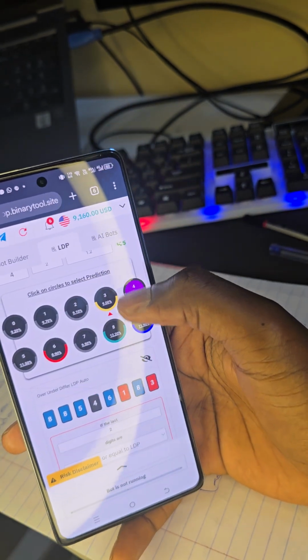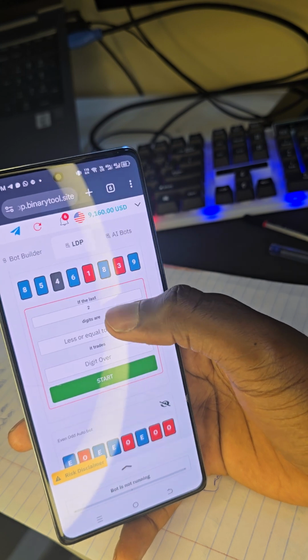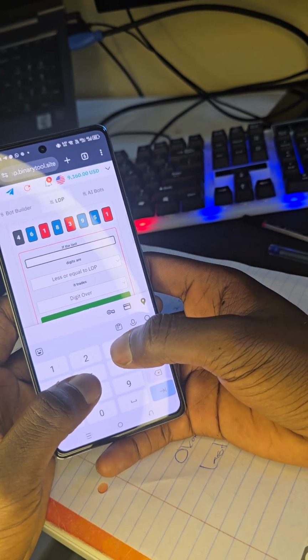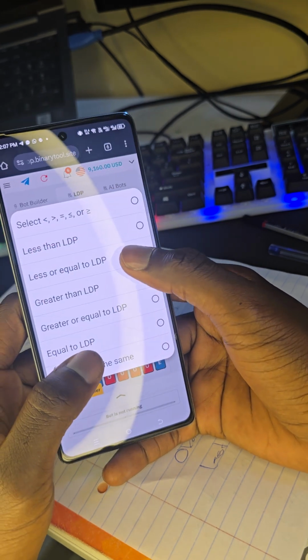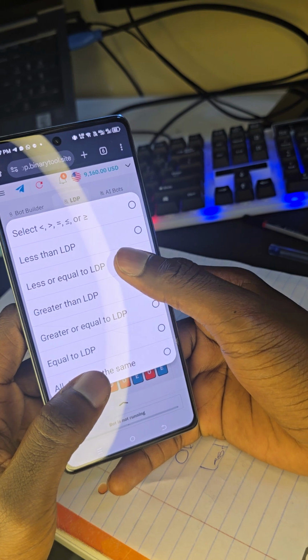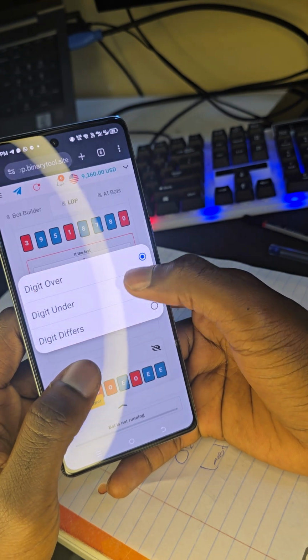So tumeselect a digit 4. So tunaweza sema if the last 3 digits are less or equal to the last digit prediction, which is digit 4, then it's going to take an over trade.